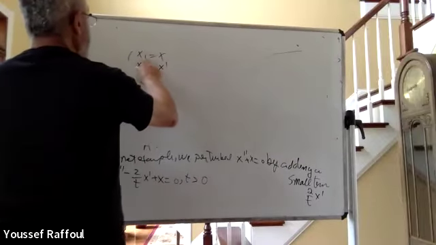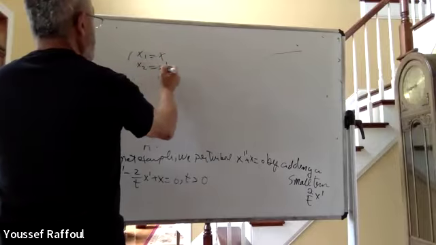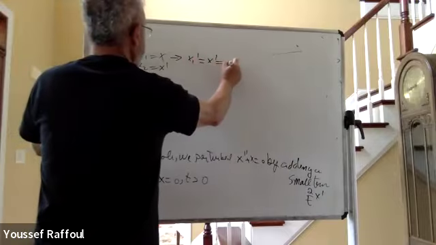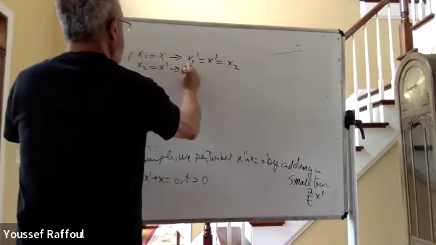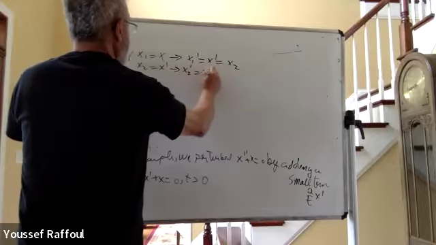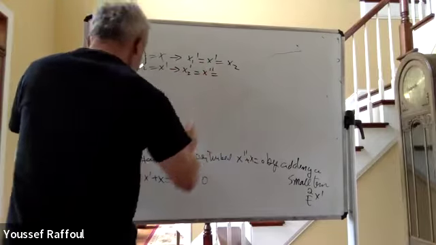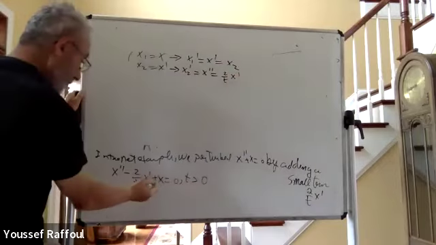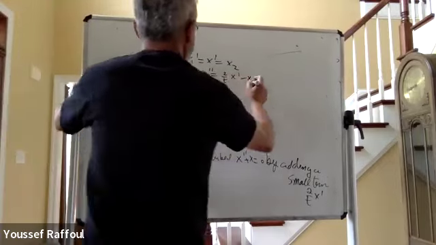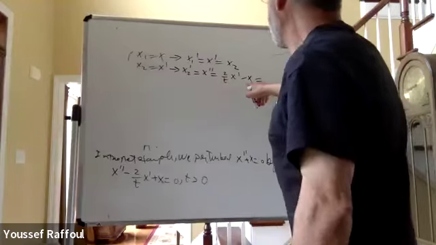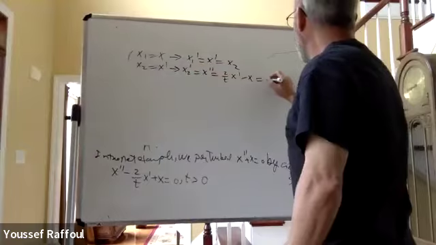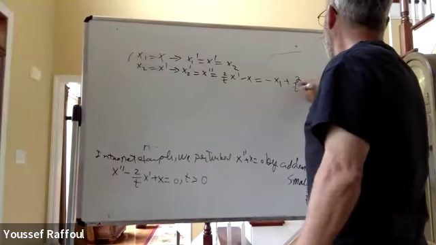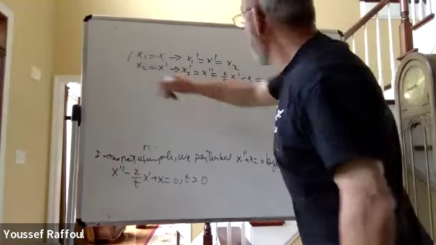So x1 equal to x, x2 equal to x prime, x1 prime equal to x prime equal to x2, x2 prime equal to x second. That is 2 over t x prime minus x. What is x? x is x1, so it's minus x1 plus 2 over t x prime, where x prime is x2.